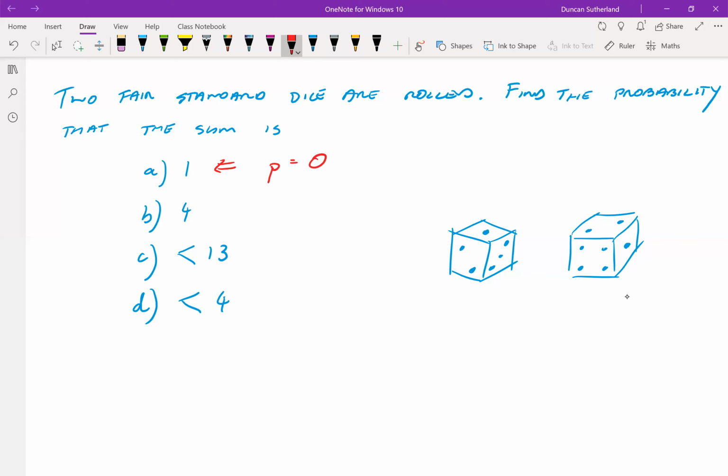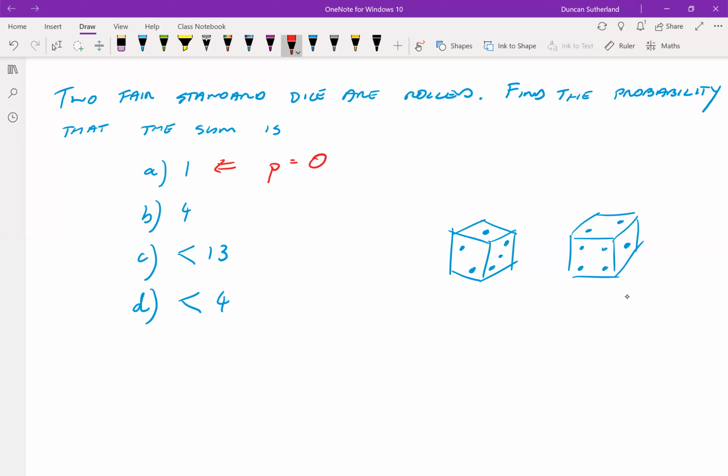Okay, so similarly, less than 13, right? The maximum number that we can get is 12. The biggest sum that we can get is 12.